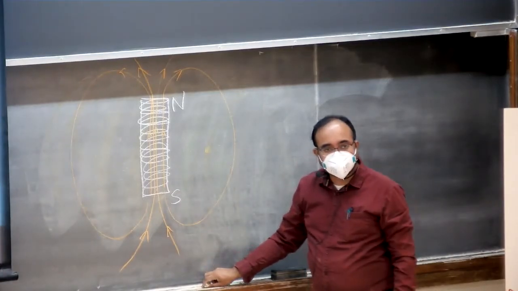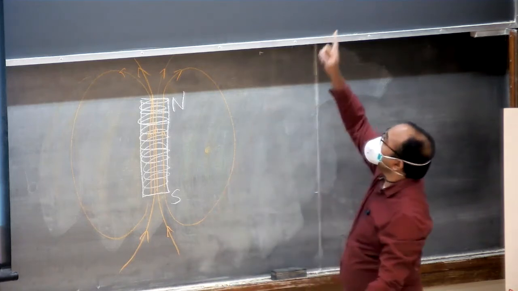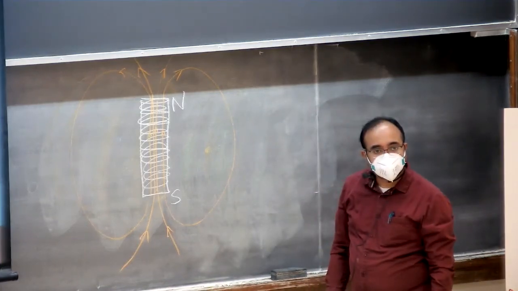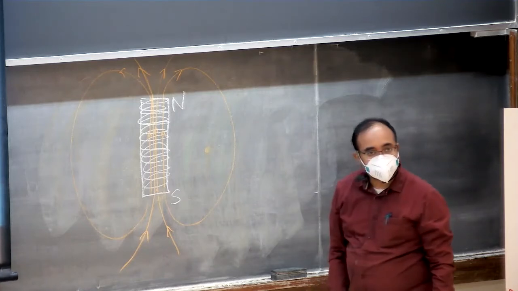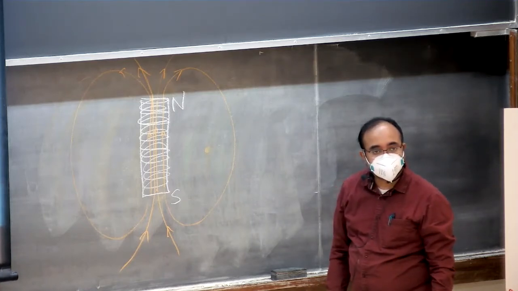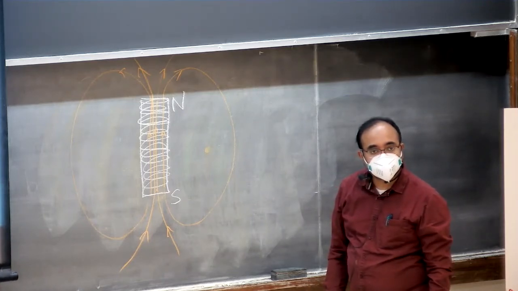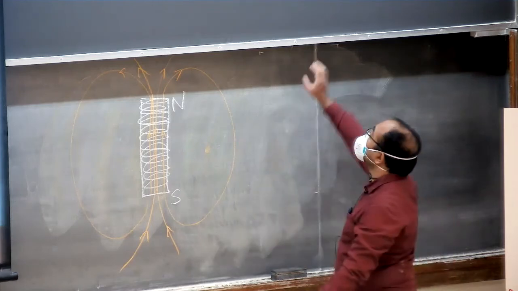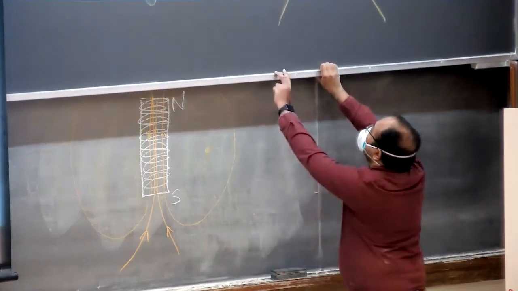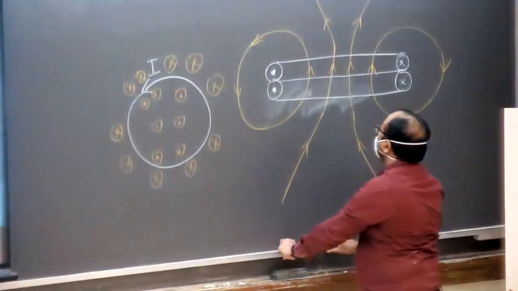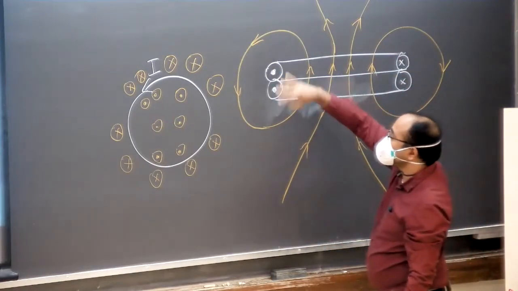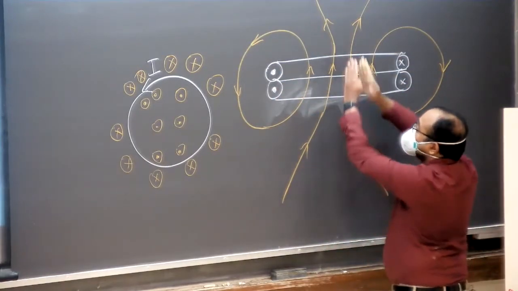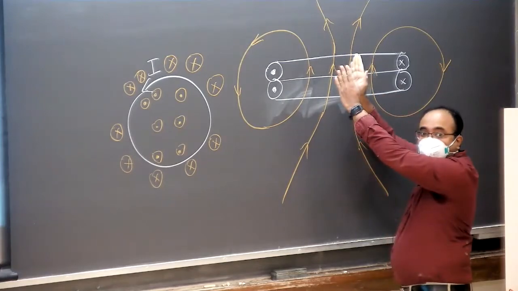Angelica? On the top example. Yes. I'm just kind of confused with why the fields get stronger. Aren't they all around the entire wire? Oh yes, but the idea is that this set is producing many field lines, and this set is also producing many field lines, and here in the center they both agree in which direction they're pointing.